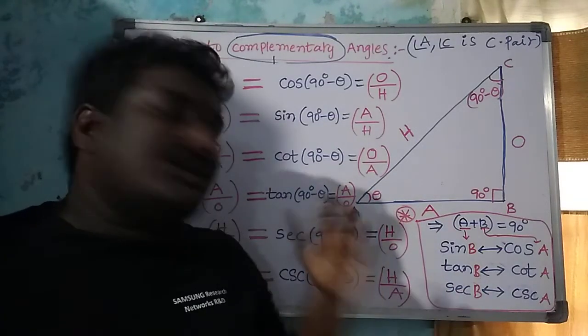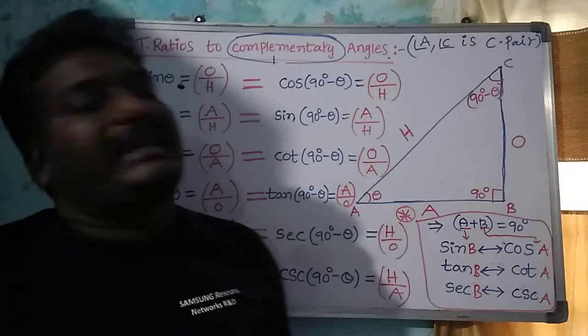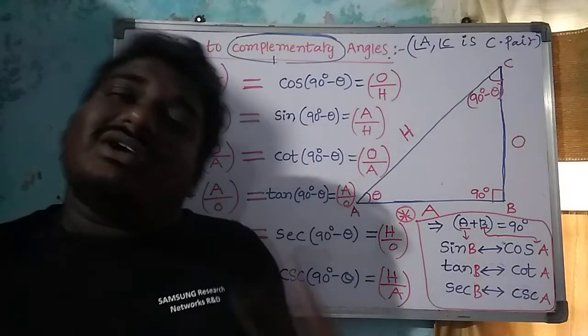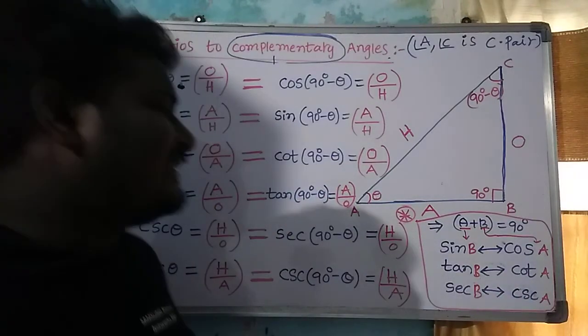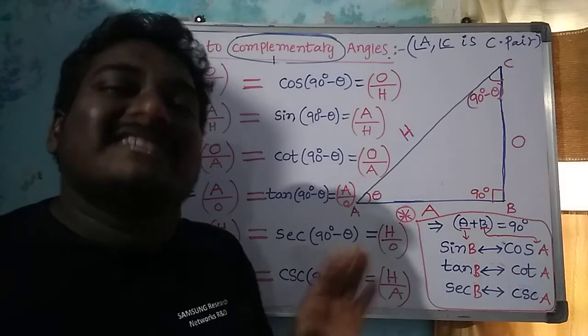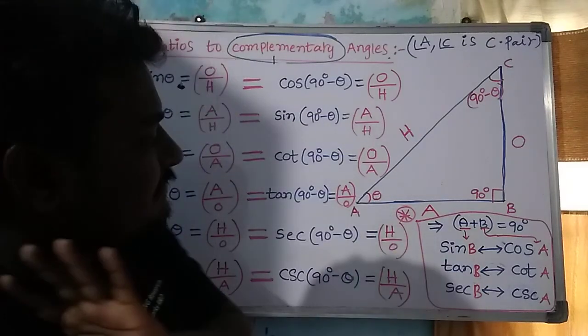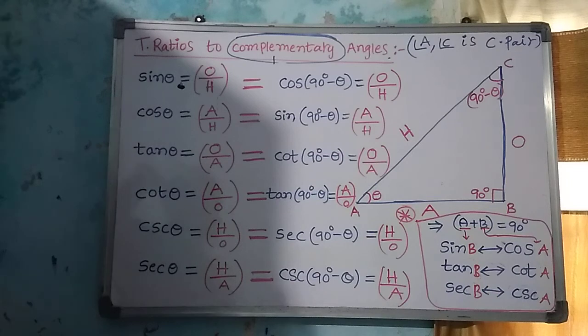Cot of one complementary angle is tan of the other, and secant of one is cosecant of the other. That's it. Sin is becoming cos, tan is becoming cot, secant is becoming cosecant. That is the major thing. A beautiful mind map is given. So this is about complementary angles.